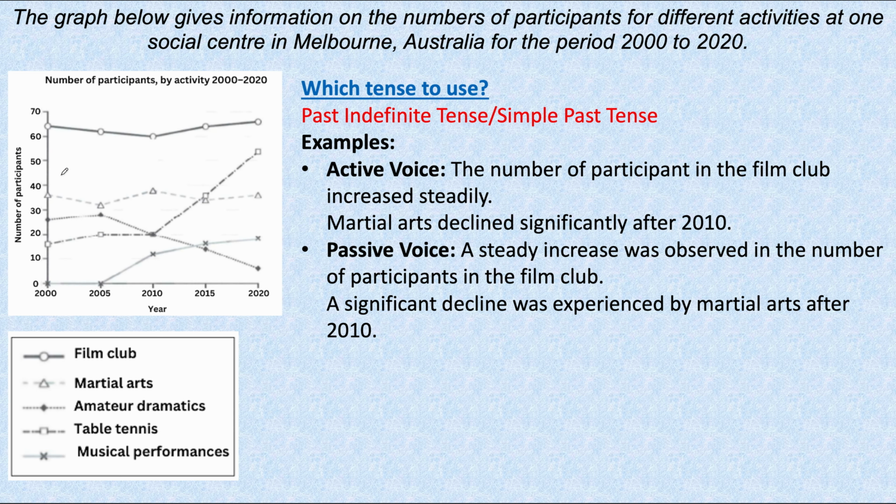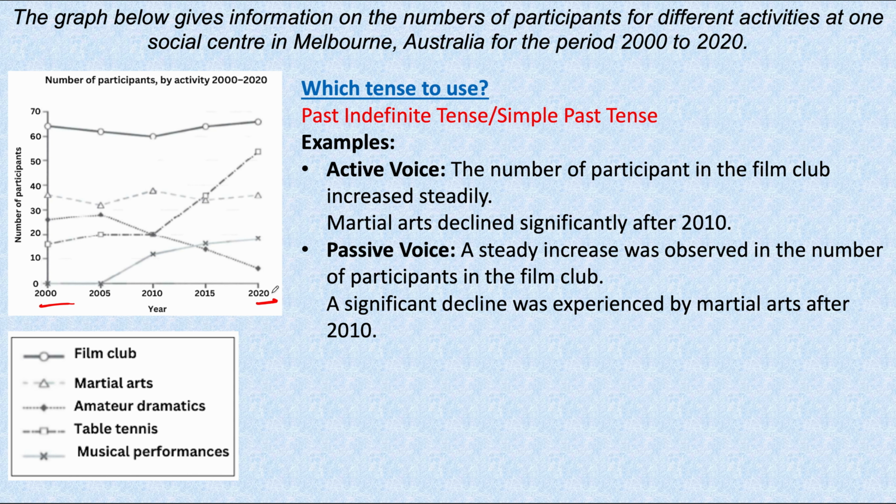Let's talk about which tense to use in our writing. When writing about data from the past, the best tense to use is past indefinite, also known as simple past tense. This tense is ideal for describing trends and figures in completed time periods such as 2000 to 2020.